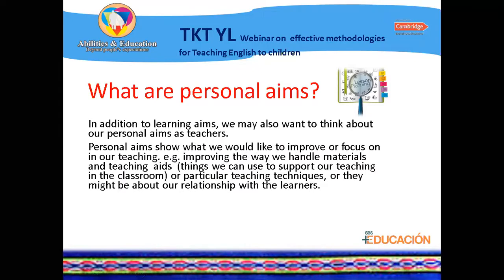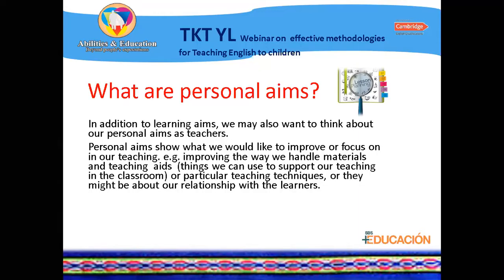Personal aims show what we, the teachers, would like to improve or focus in our teaching. For example, improving the way we handle materials and teaching aids and teaching resources. For example, things we can use to support our teaching in the classroom, or particular teaching techniques, or they might be about a relationship with the students.